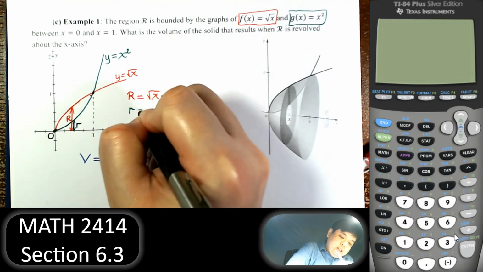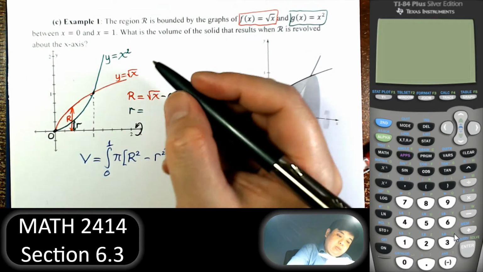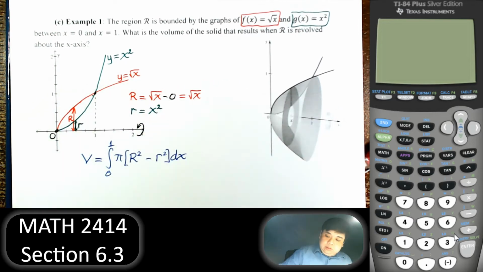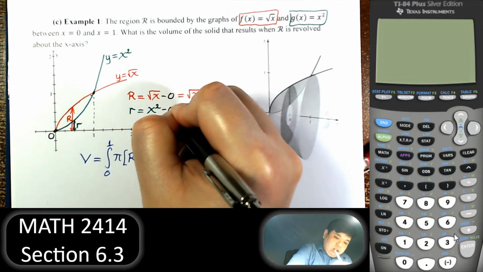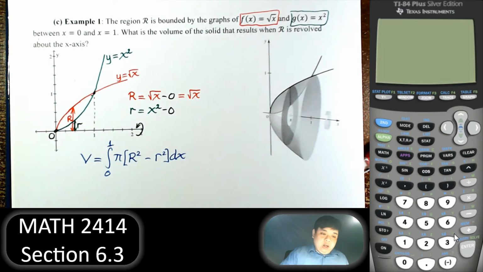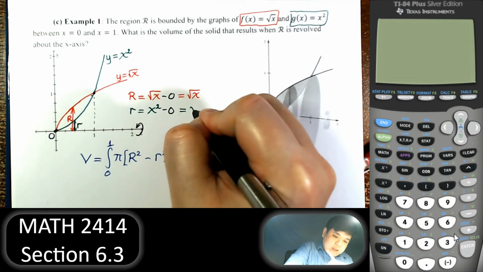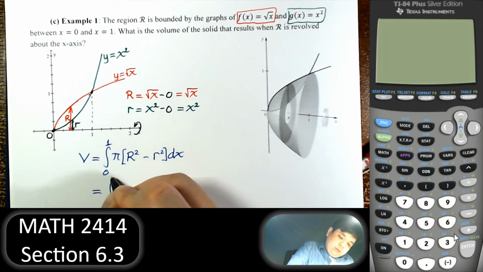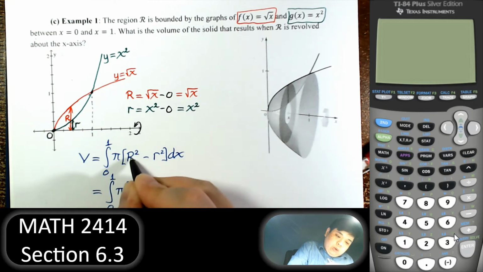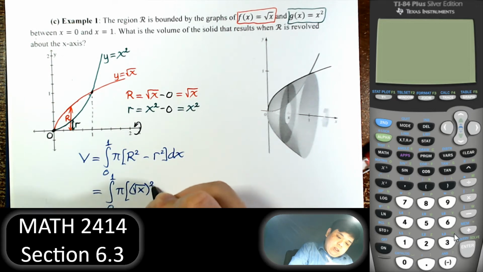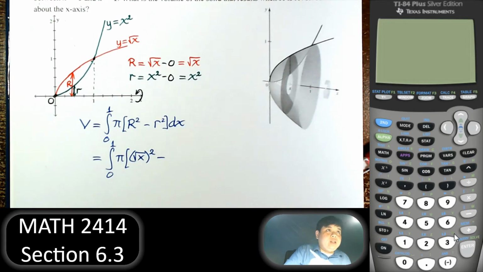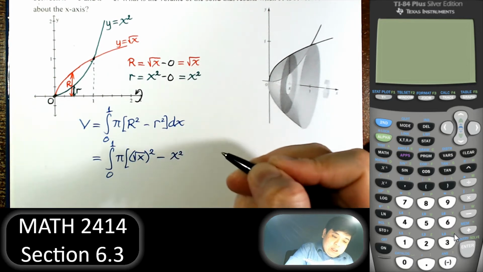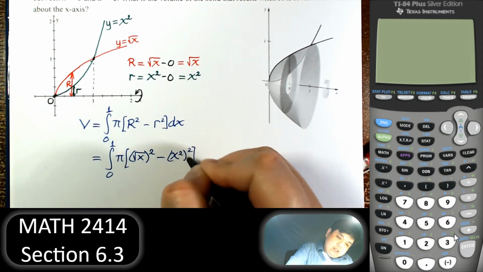The little radius is the function above minus the function below, so x squared, the function below is 0, so that is the distance, which is x squared. So the big radius is square root of x, and the small radius is x squared, and then we square that again, just like the formula says.